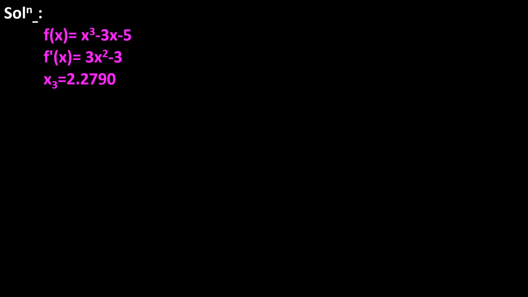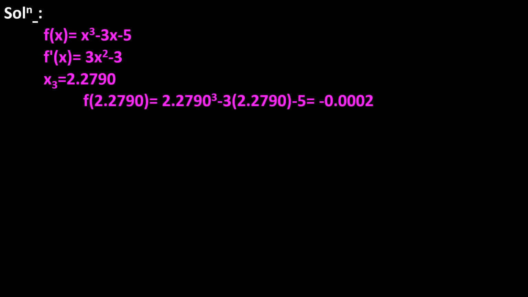So x3 is 2.2790. First find f(x3) and f'(x3). f(2.2790) will be equal to −0.0002, after rounding off to 4 significant digits. Then f'(2.2790) will be equal to 12.5815 after rounding off to 4 significant digits after the decimal point.